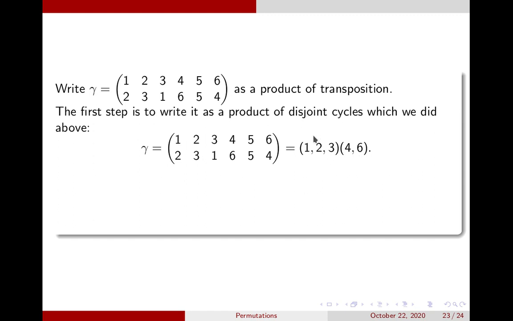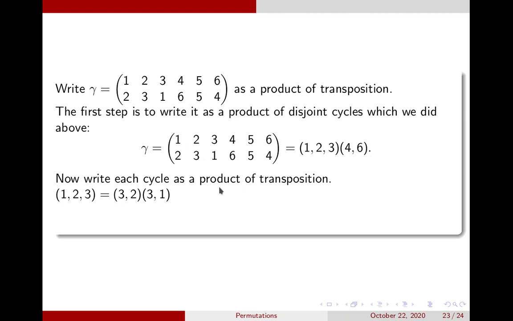And now we have a pattern for writing each of these 2 cycles as a product of transpositions. (1 2 3) would be (3 2)(3 1). And (4 6) is already a transposition. So gamma is (3 2)(3 1) times (4 6) as a product of transpositions.